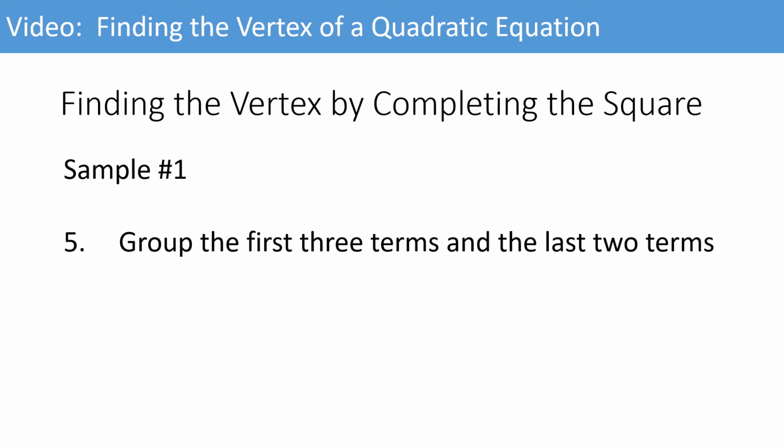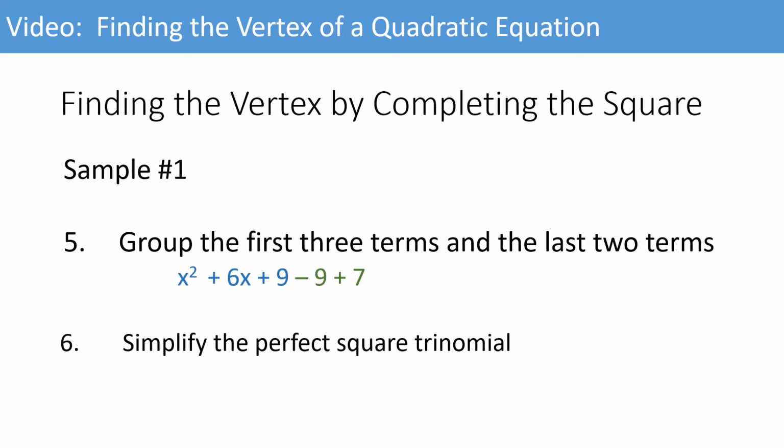Group the first three terms and the last two terms. So x squared plus 6x plus 9, minus 9 plus 7. Simplify the first three terms as they are a perfect square trinomial. So (x plus 3) squared minus 9 plus 7.